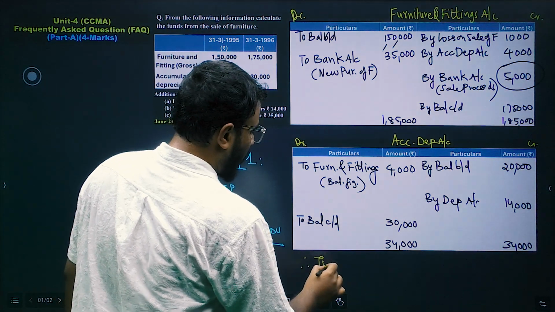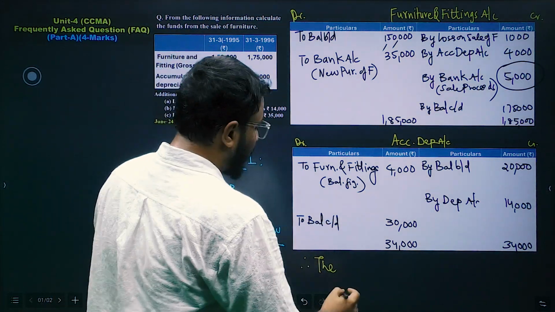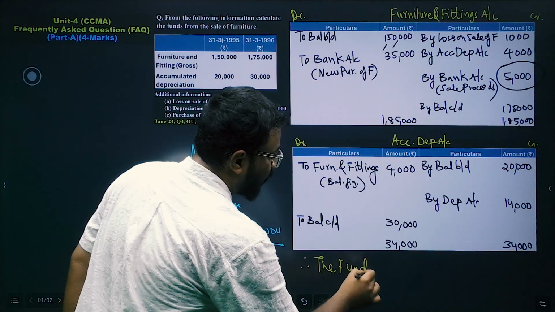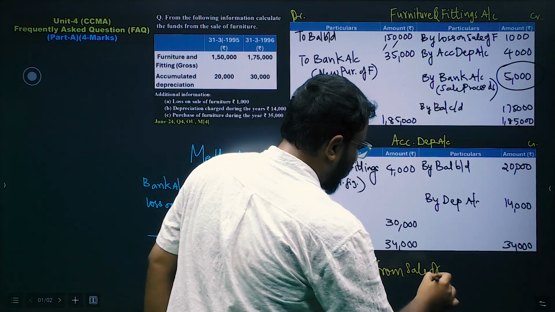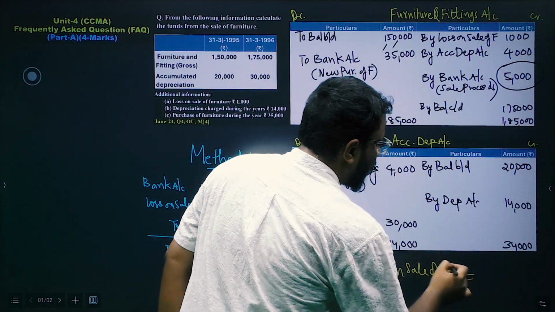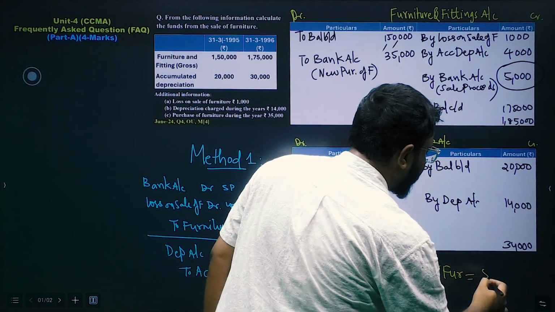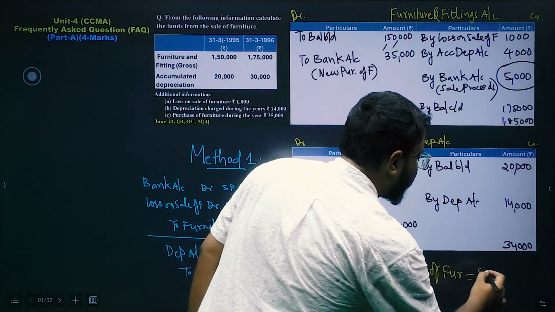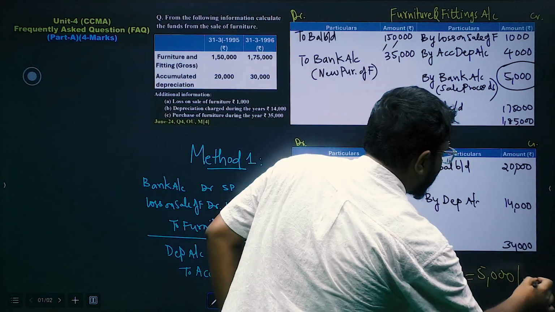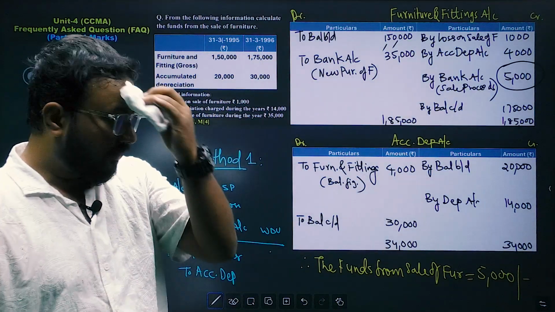Therefore, the funds from sale of furniture is equal to 5,000 rupees. Right? That concludes your answer.